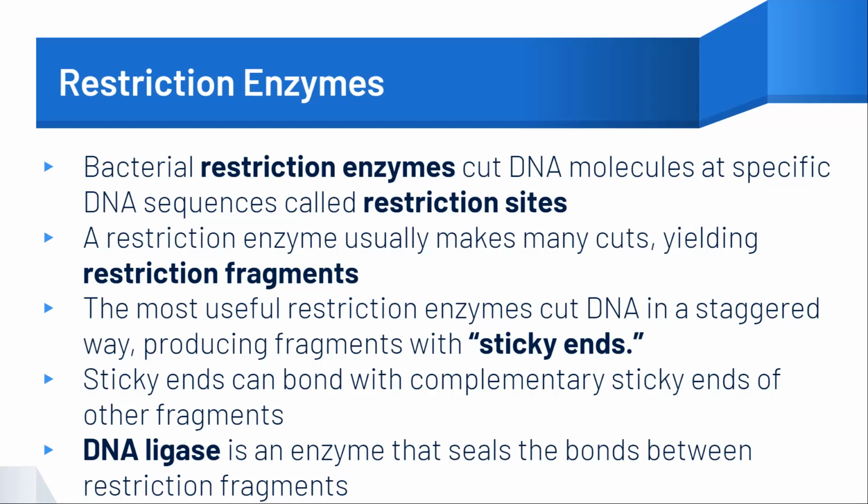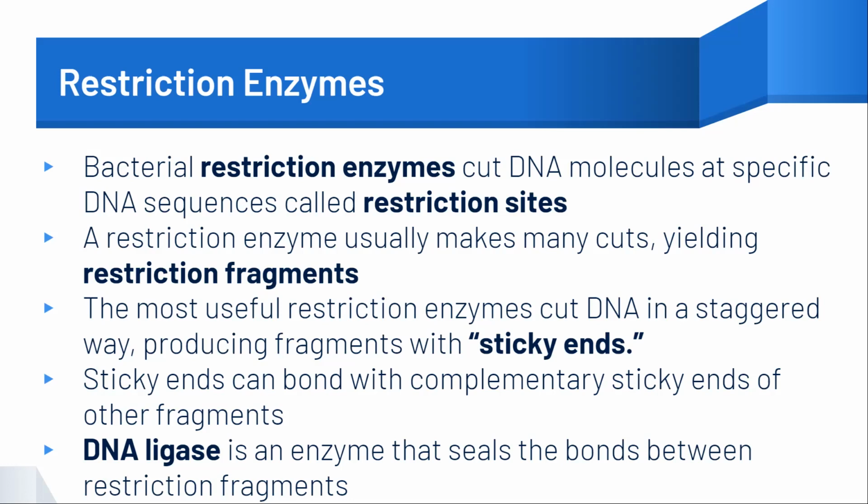The restriction sites are typically palindromes, so they're going to be DNA sequences that are unique to that particular restriction enzyme. So the restriction enzyme is going to search the DNA, and anywhere it finds that unique sequence, it cuts it. And it's always going to cut it in exactly the same way. And the pieces that it cuts it into are called restriction fragments.